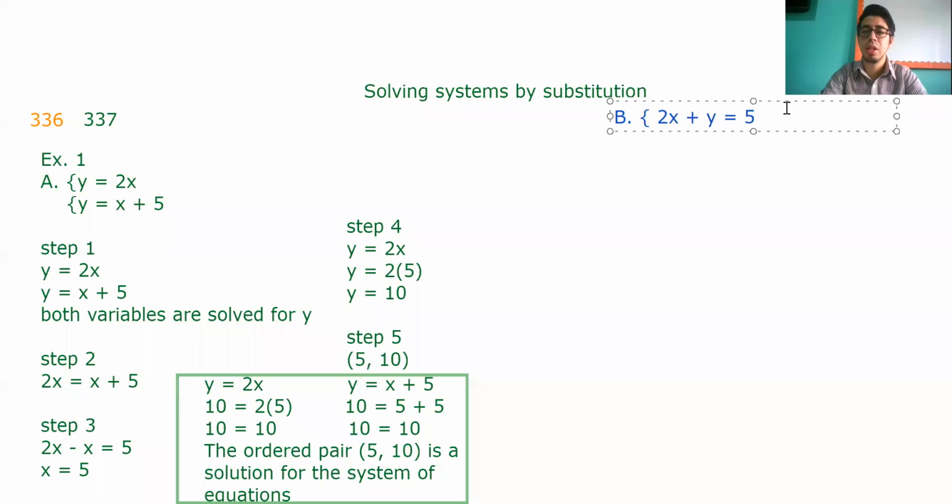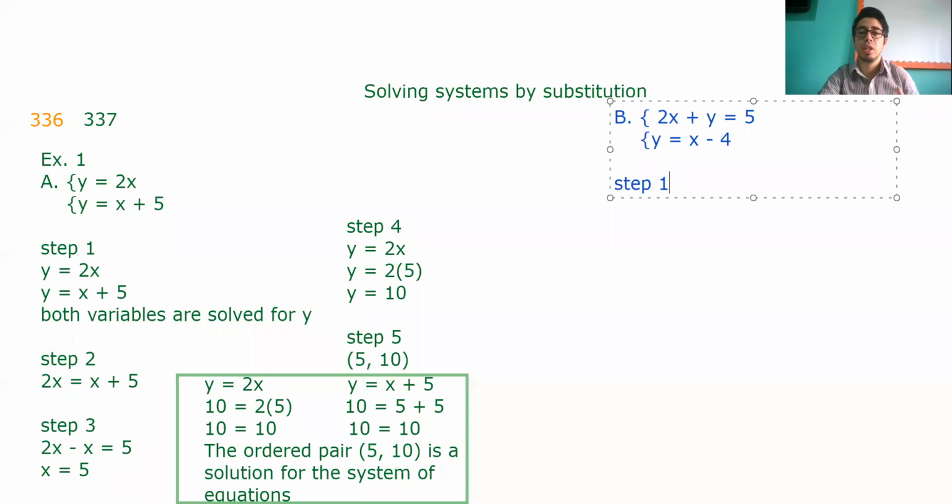We are going to solve this exercise B, and the other equation we have y equal x minus 4. Okay. The step 1, what is the step 1? Only to find the value for one variable. Step 1, I only need one equation to find the value for one variable.